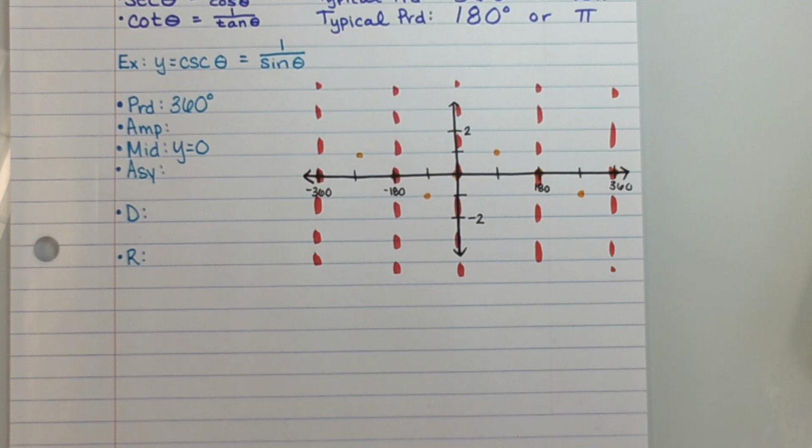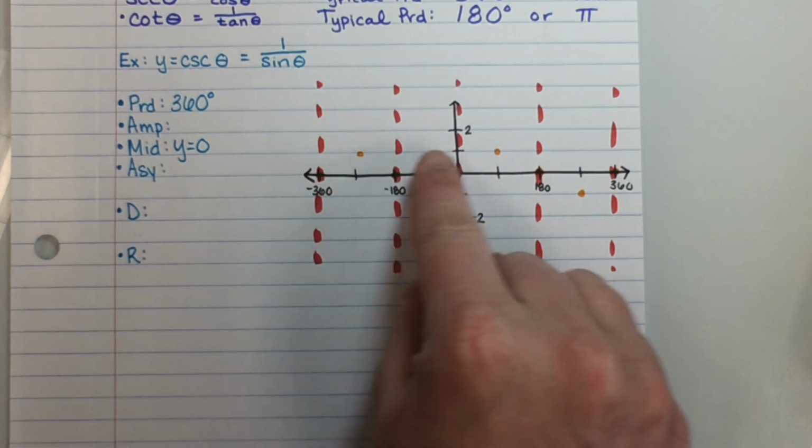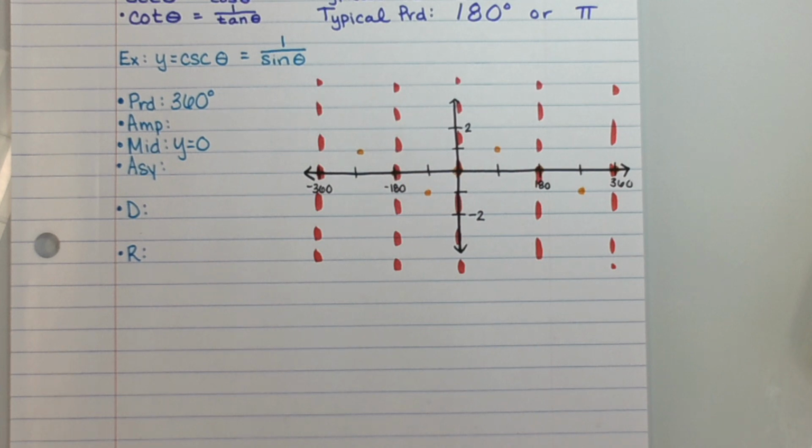Now we need to get the rest of the graph involved. Sine's maximum is 1. What's the reciprocal of 1? 1. Sine's minimum is -1. What's the reciprocal of -1? -1.